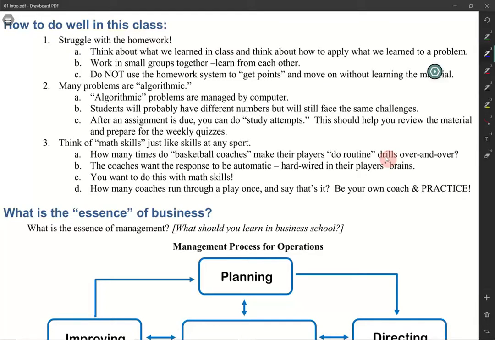No, right? Usually the coach makes the players do the same skill over and over and over again. Why? So that it becomes automatic, right? That's actually the way that our brains work. The more you practice something, the more you rehearse something, the more you go over and over, the neural pathways in your brain build that pattern.